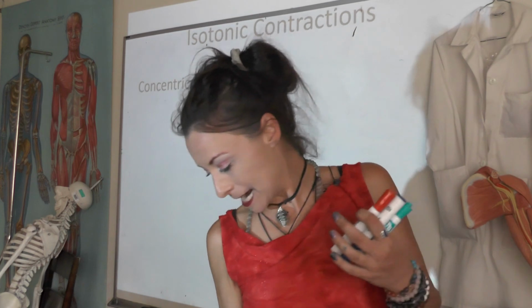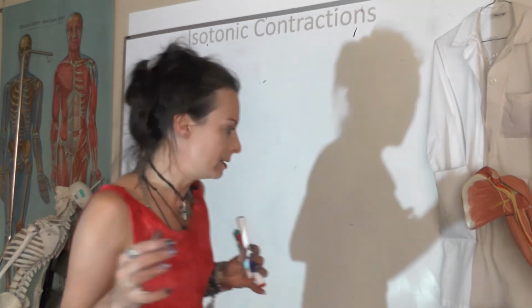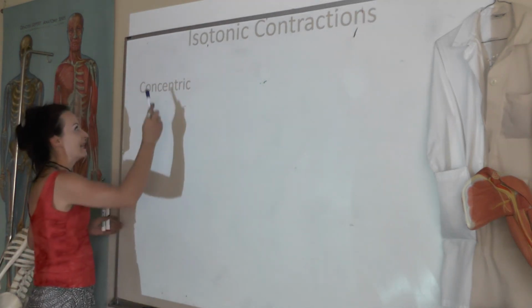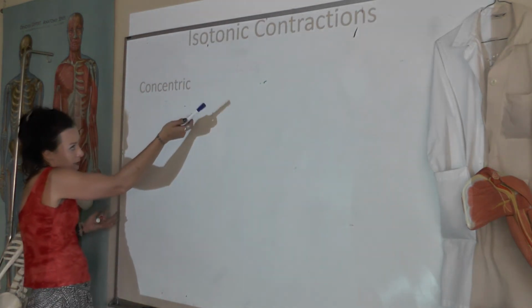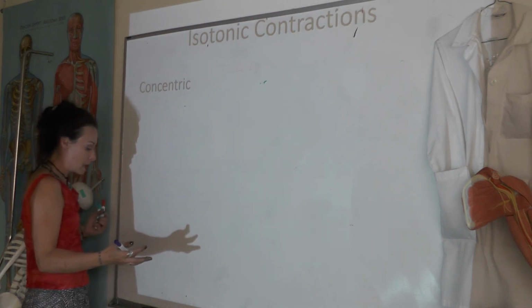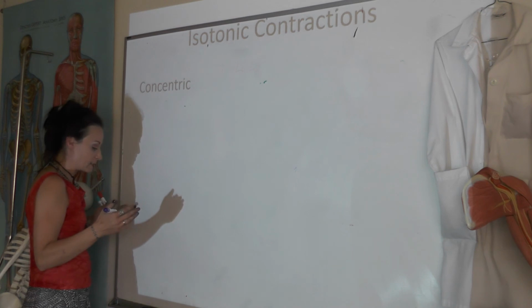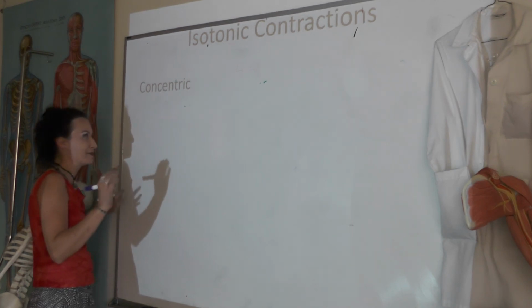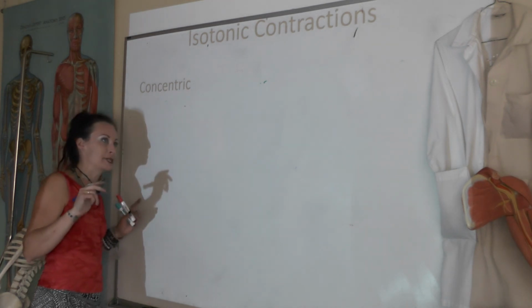Okay, people, we're really racing through this last part because I got a broken heart over there that I want to put to bed. So, isotonic contractions. Iso, same, tone. So in an isotonic contraction, we are changing the length.